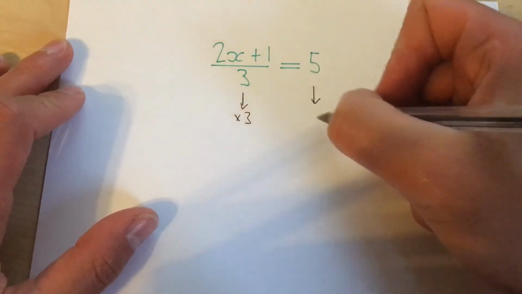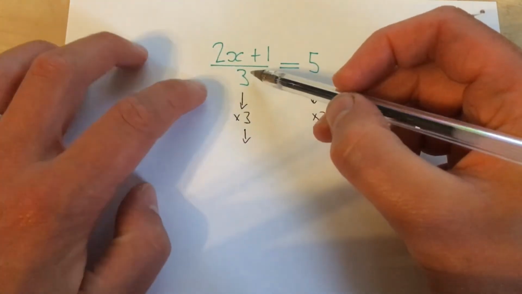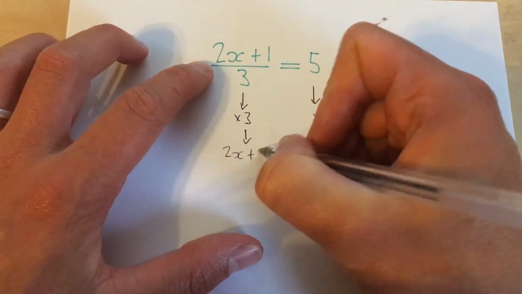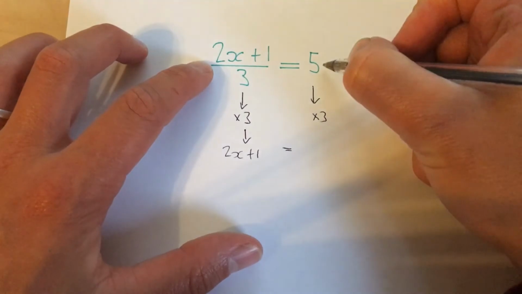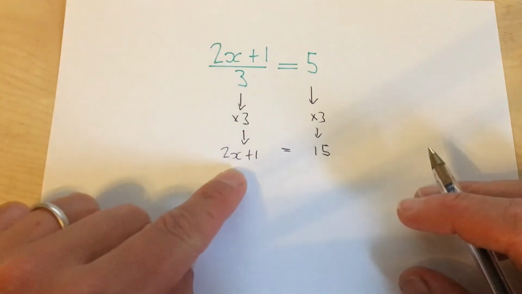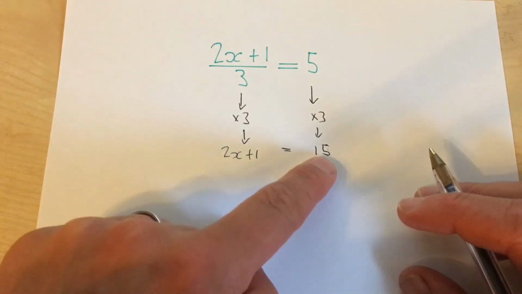And that'll get rid of the division there. So here I'll be left with 2x plus 1, and on this side I will get 5 times 3, which is 15. And now I've got x multiplied by 2 plus 1 equals 15.